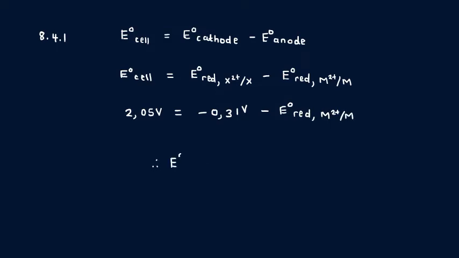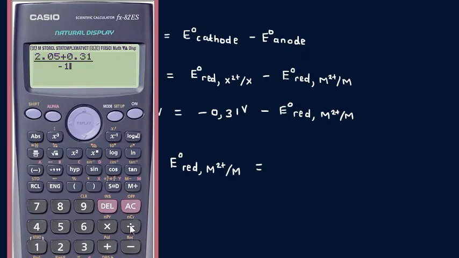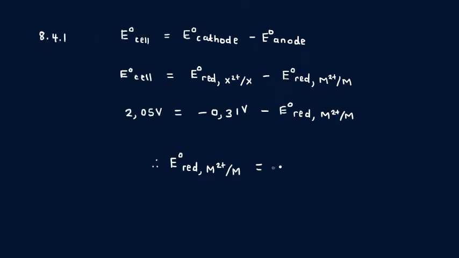So therefore the standard reduction potential of M2+ to M is going to be, okay, so that works out to negative 2.36 volts. Do a sort of comprehension check.